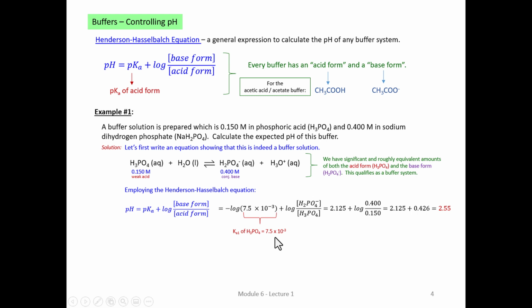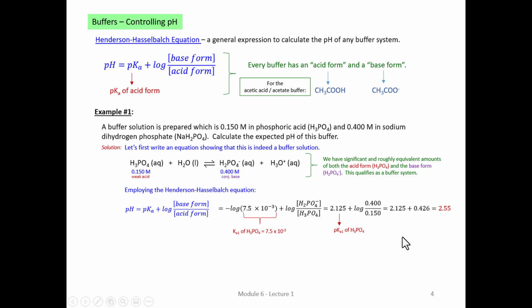And that would give us the pKa, of course, then is 2.125. And the dihydrogen phosphate concentration is 0.4. The phosphoric acid concentration is 0.15. So we have the log of 0.4 divided by 0.15, log of that ratio. And that would be equal to 2.125 plus 0.426, which would be 2.55.